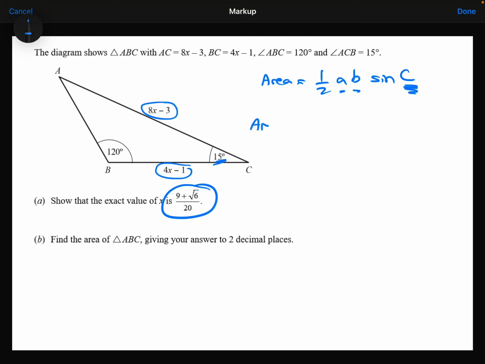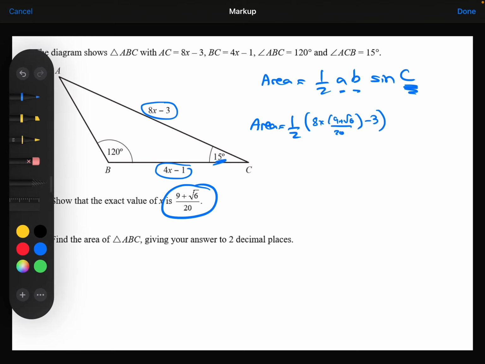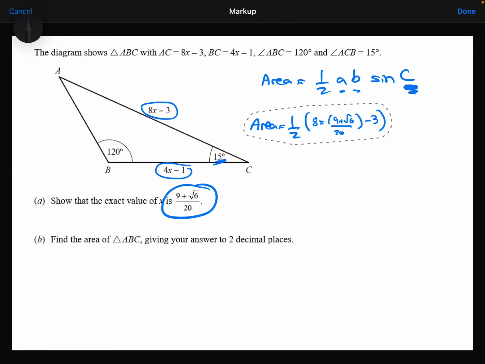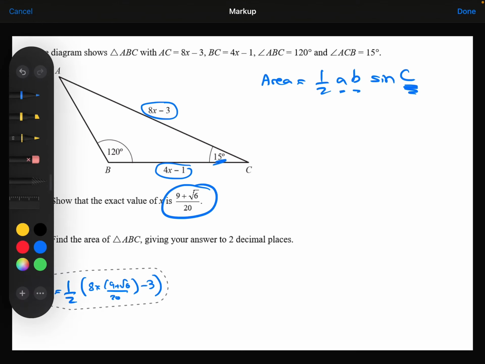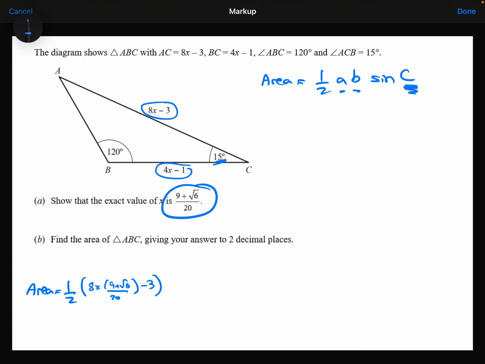So, if I were to substitute these into my formula, the area is a half. The a can be the 8x minus 3. So 8 lots of the (9 plus root 6) over 20. That's the 8x minus 3. So the half times the a times the b is 4x minus 1. So 4 lots of the (9 plus root 6) over 20.